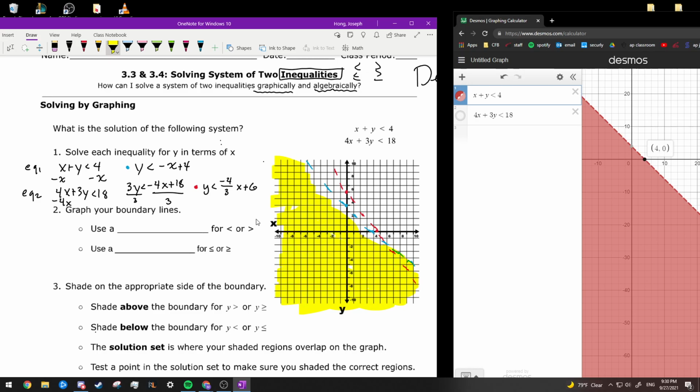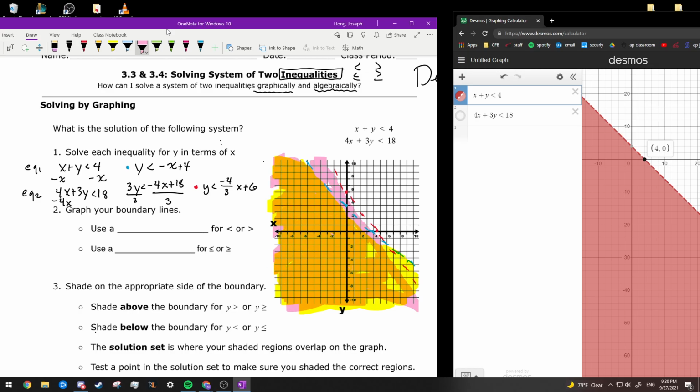Mine is not going to be perfect because I'm using a computer, but when you're on your paper, you will be perfect. And the red line. So all of this orange area, that is my solution.